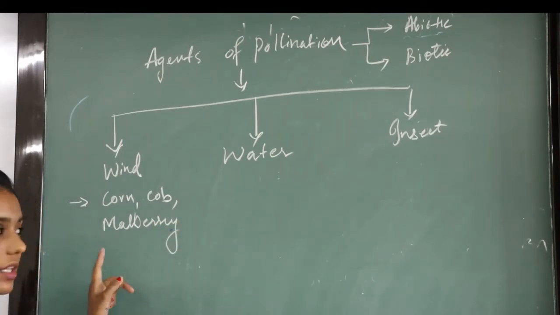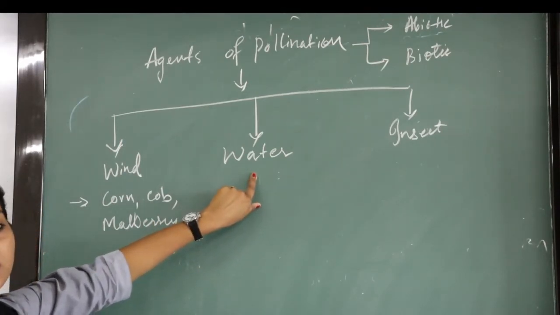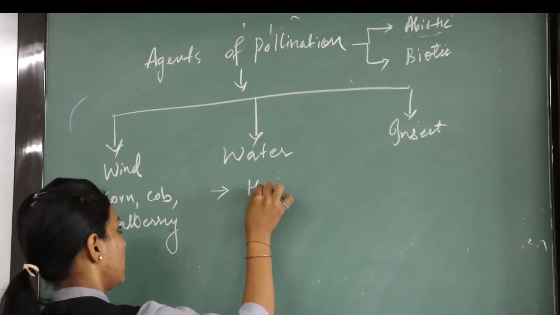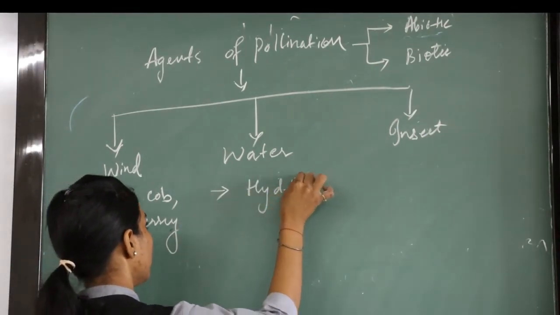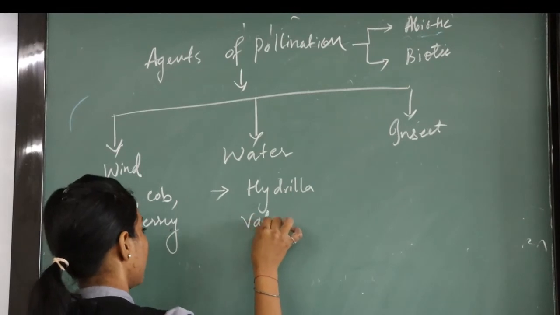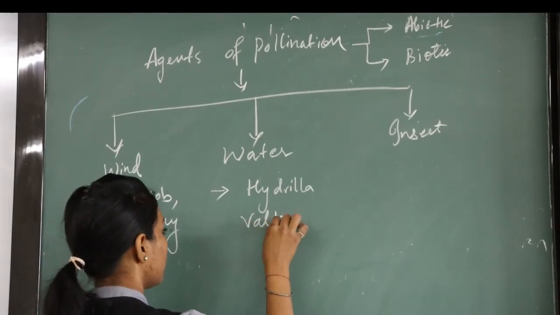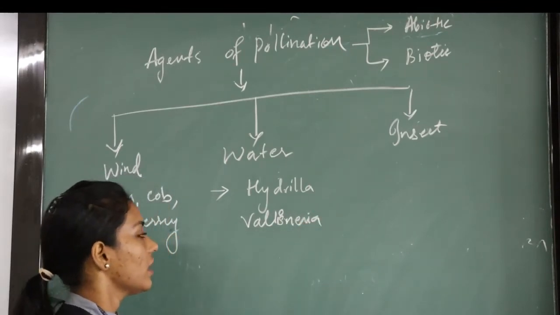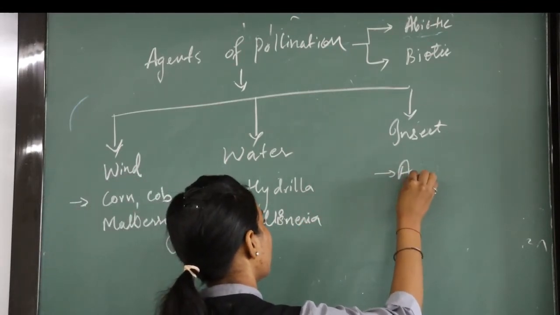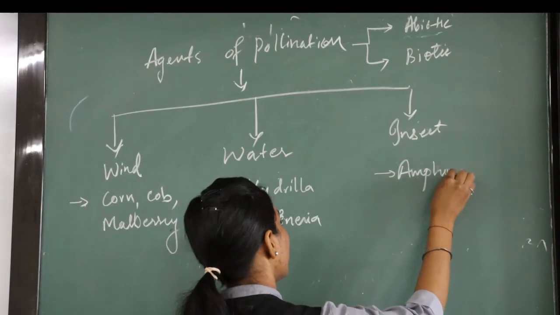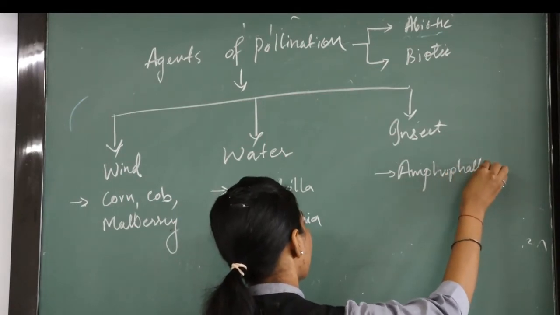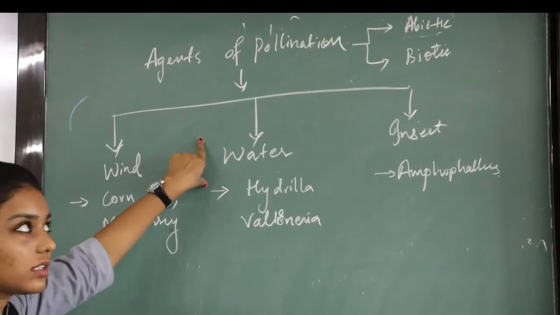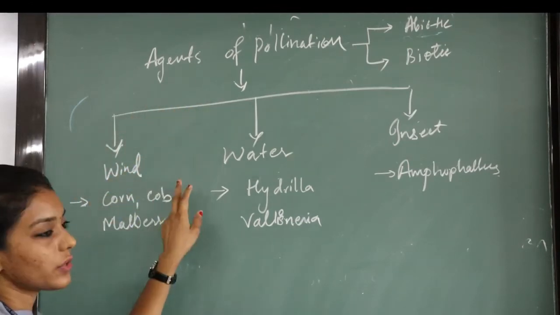Pollination with the help of water is usually seen in Hydrilla and Vallisneria. These are examples of plants with these agents of pollination.